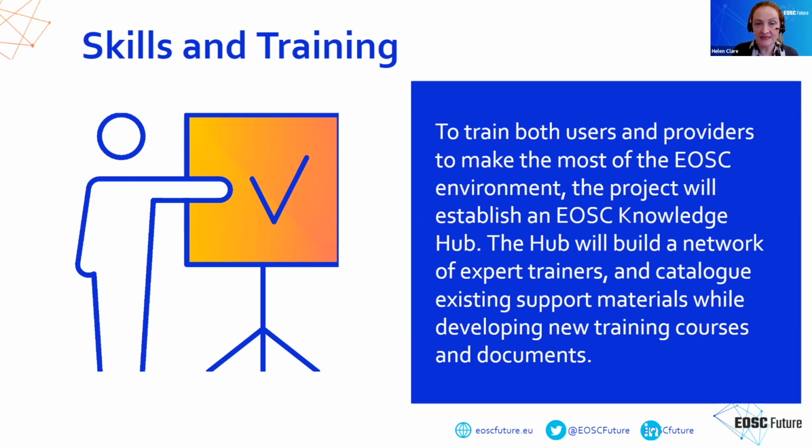I'm aware that this has been covered in some of the sessions earlier this week, but I'll just do a brief recap because it's particularly relevant for this session today, where we're looking for training resources and learning resources. So the idea with the EOSC Knowledge Hub is to build a network of expert trainers and a catalogue to support those trainers. So the catalogue will gather together existing materials, but also provide a place to create new materials.